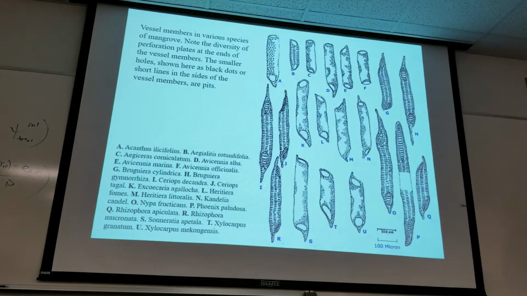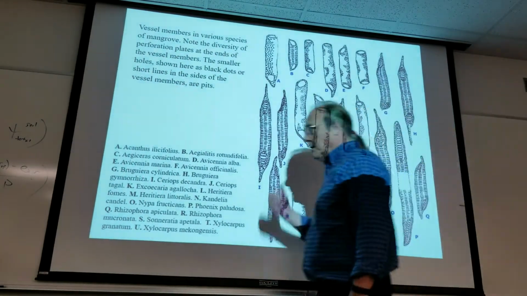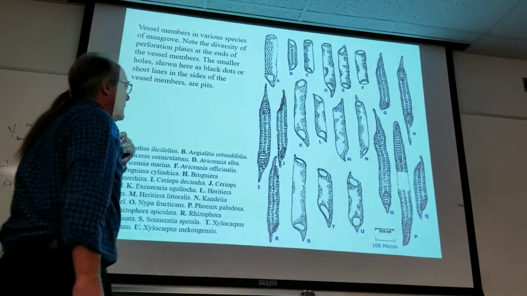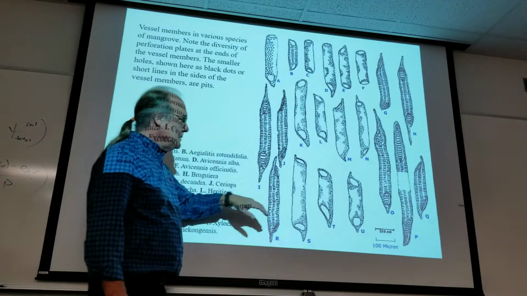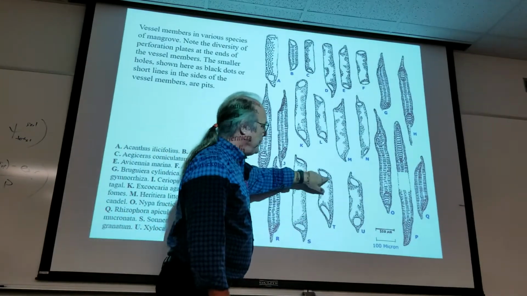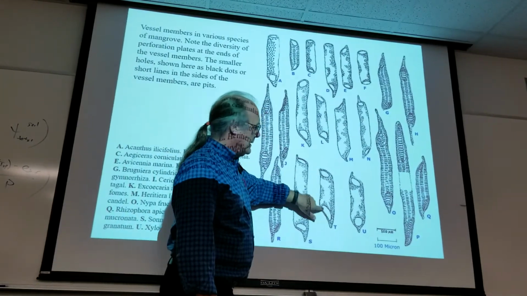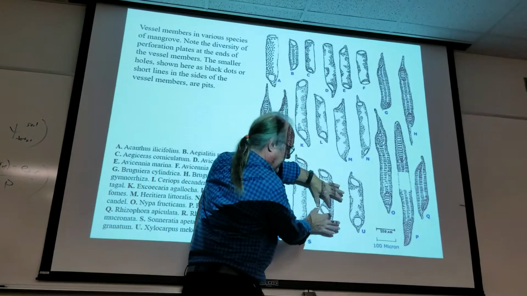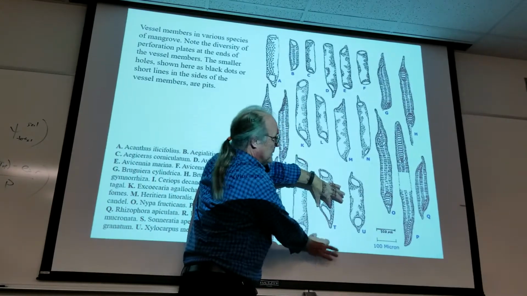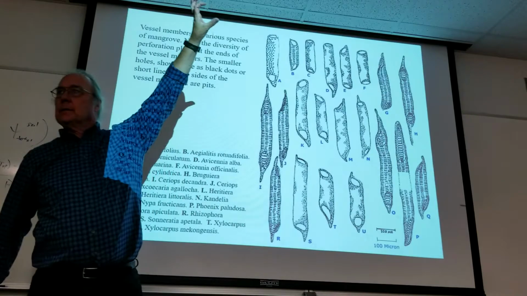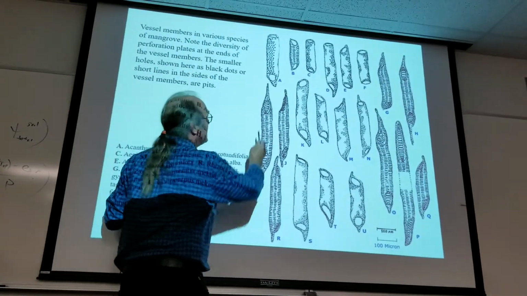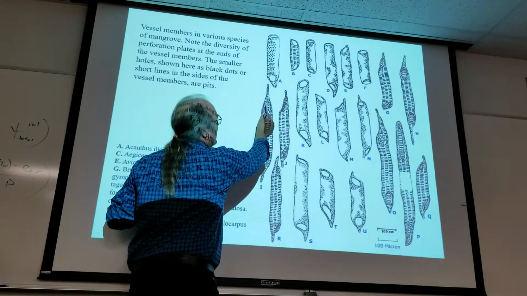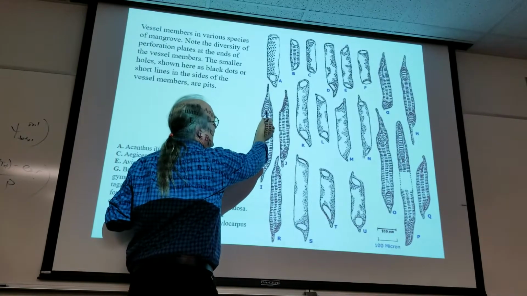Okay. So here are some vessel members. Now you can see, these are the mangroves. I showed this earlier. But these are vessel members in different species of mangroves. So, for example, this one has big holes in the ends of the vessel member that connect to another vessel member here. So it's almost like having a continuous tube. Other ones show holes shaped like this.